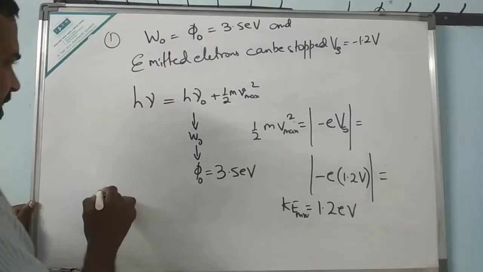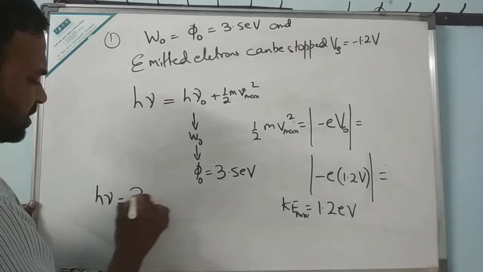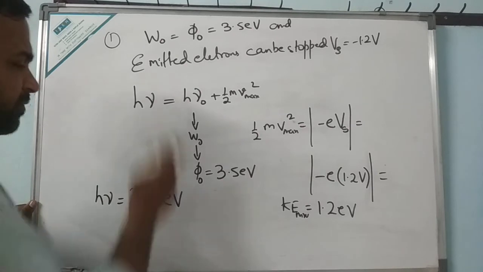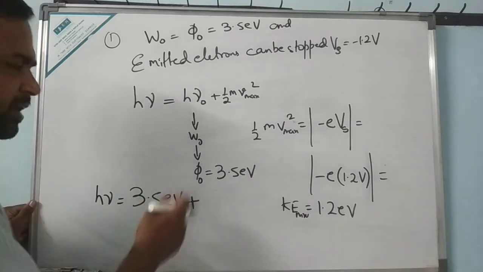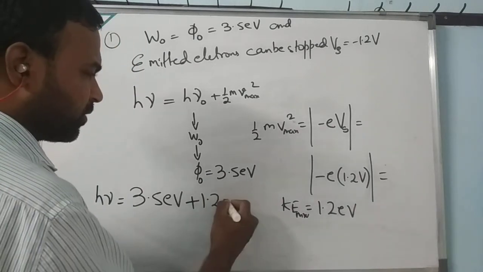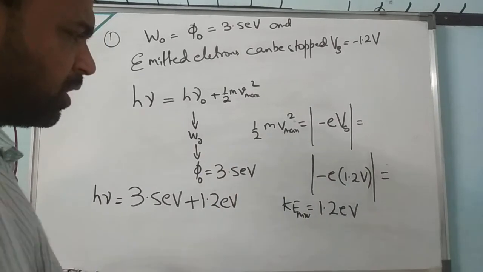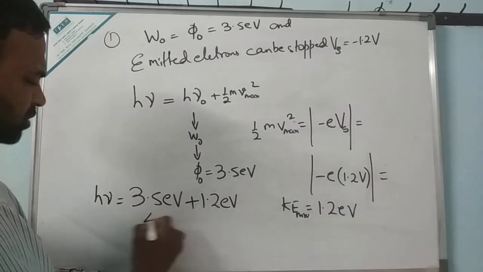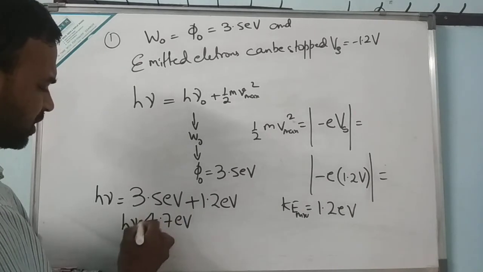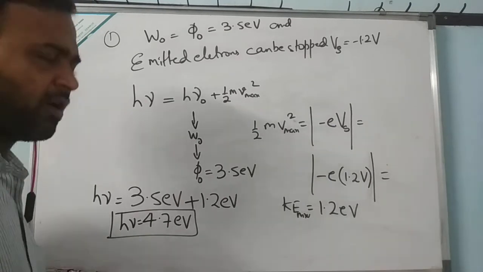So what would be the incident energy of photon? They have given us 3.5 electron volts, which is the work function of the photosensitive material or metal, which may be sodium, potassium, rubidium, plus the kinetic energy, which is the stopping potential times the electric charge. So this comes out to be 4.7 electron volts, which is the energy of the incident light or incident photon.